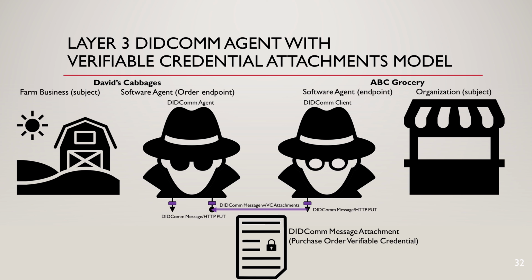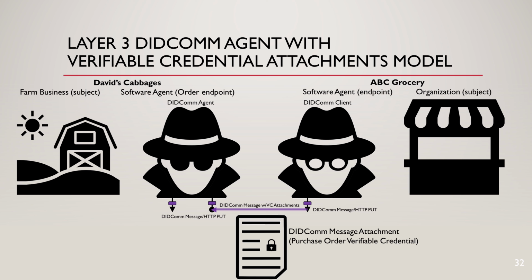And so it's exactly what we know from layer 2. ABC Grocery will create the purchase order. It will create the DIDComm message. It will attach the purchase order to the message.